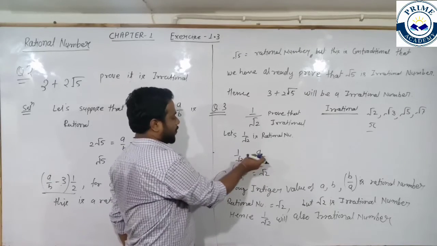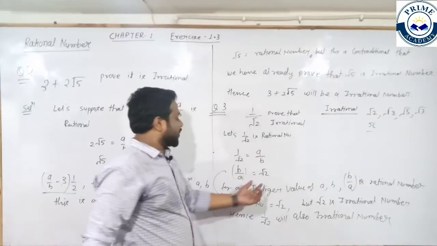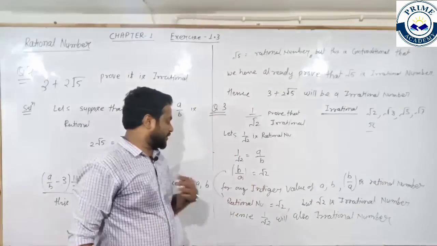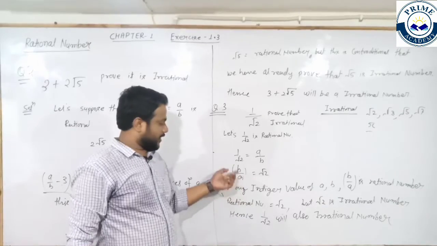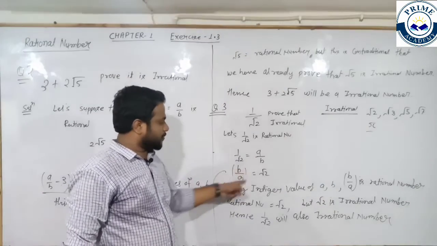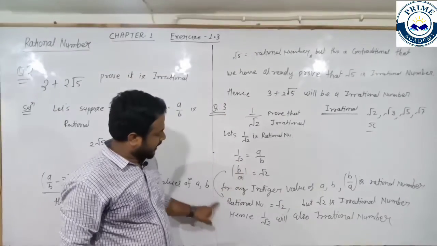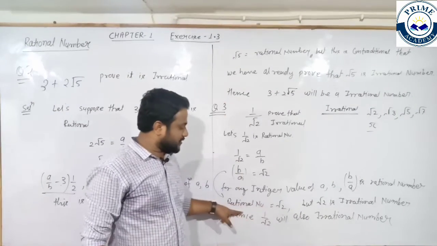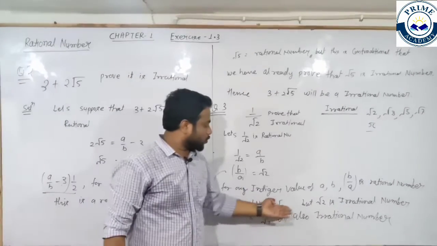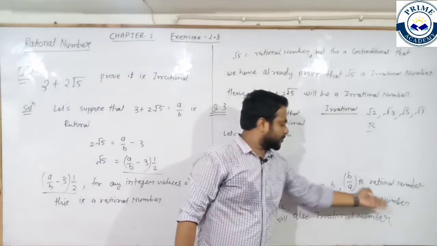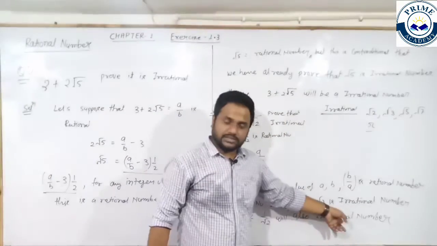This will be b upon a, and 2 will come here, right? So in this equation you can see for any value of a and b, what you will get? This will be rational. But this is a contradiction. We already know that root 2 is an irrational number. Hence 1 by root 2 will also be an irrational number.